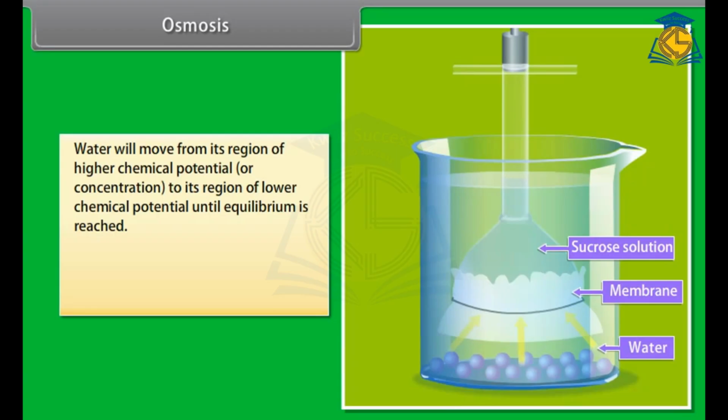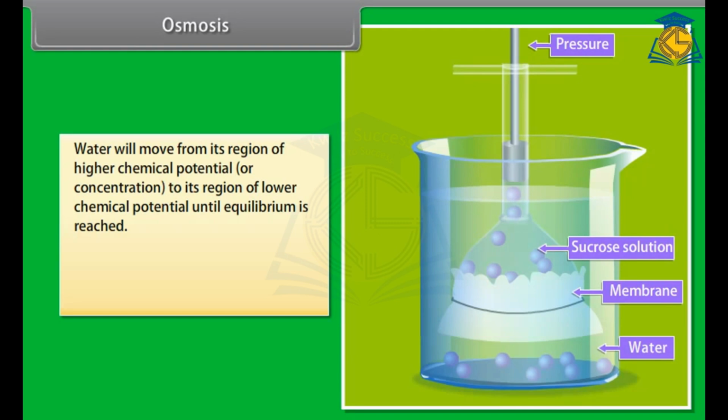Then what will happen? We will observe that water will diffuse across the membrane to raise the level of the solution in the funnel. This will continue till the equilibrium is reached. Now, we will apply some pressure to stop the water movement into the funnel. This pressure required to prevent water from diffusing is, in fact, the osmotic pressure, and this is a function of the solute concentration.